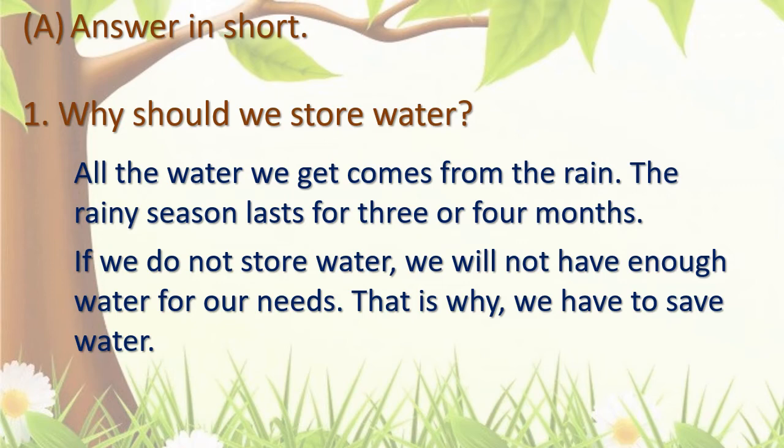That is why we have to save water, isn't it? Rain will be there but only for 3 to 4 months. So we have 12 months in a year. For the rest 8 months we need water, isn't it? To survive. So we must store water and we have to use water economically.